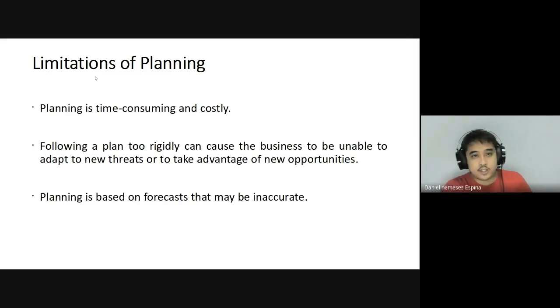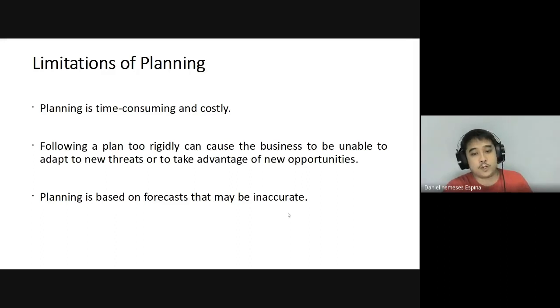And then the last limitation of planning is that it is based on forecasts. The forecast may be inaccurate. Remember that forecasts are based on historical events or historical figures, or probably on a future uncertain event that may or may not happen. It will cause the forecast to be inaccurate.